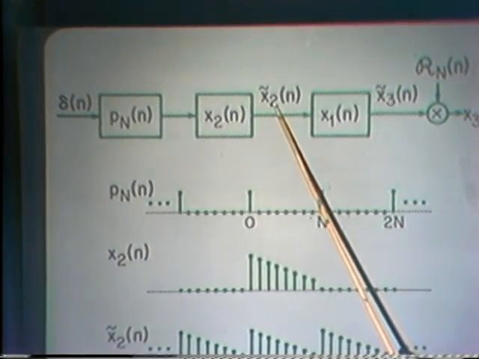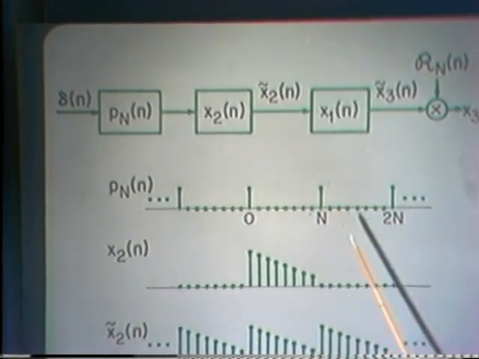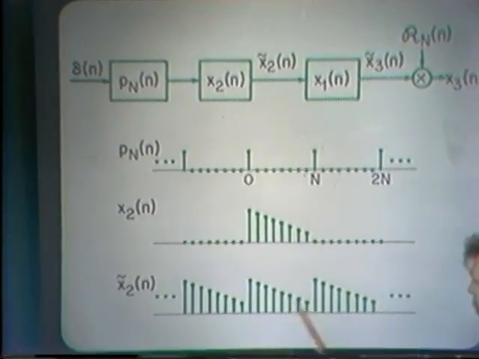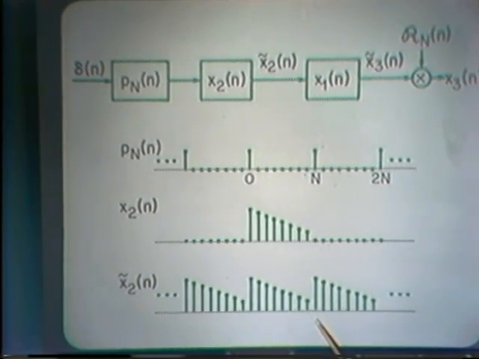That's the periodic sequence that we want. That's the periodic counterpart of x2 of n. And so that is what we have here.